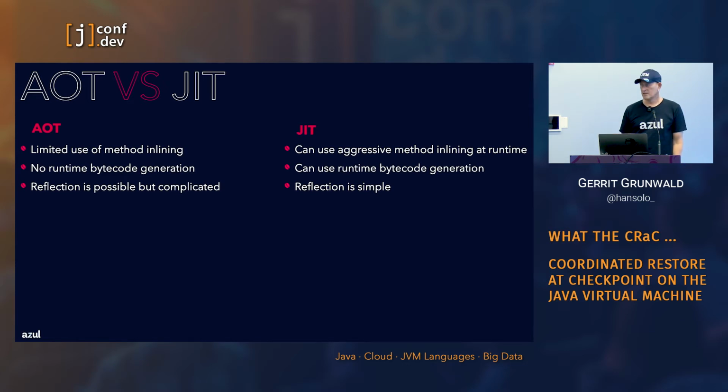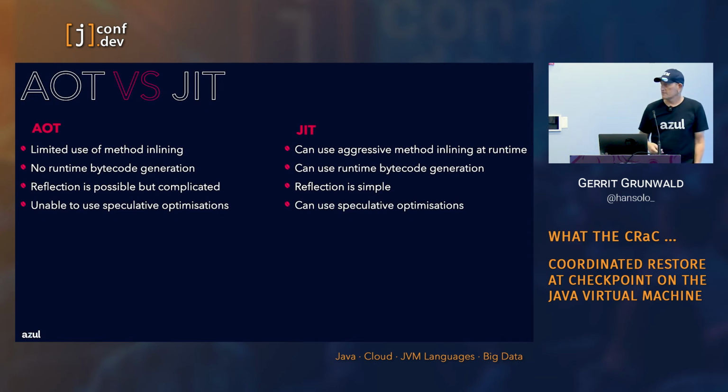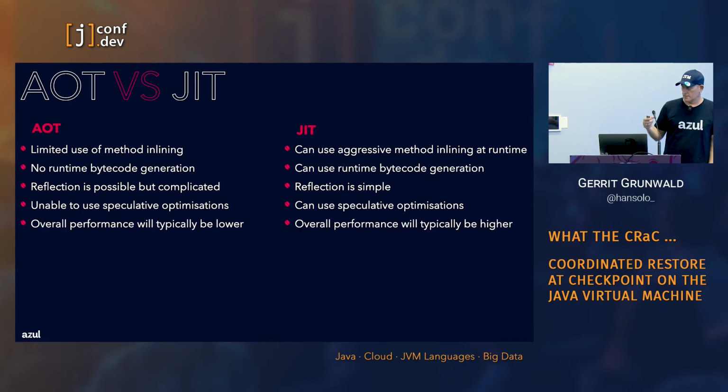It's really hard, whereas in Java or in the JIT it is really not a problem. And speculative optimizations, like branch prediction at runtime, for example, are really not possible in AOT, but you can do that in the JIT all the time. So that means the overall performance is typically lower when using an AOT approach than the JIT. But this also depends. There's no golden rule here.